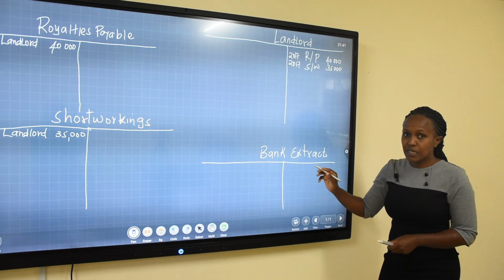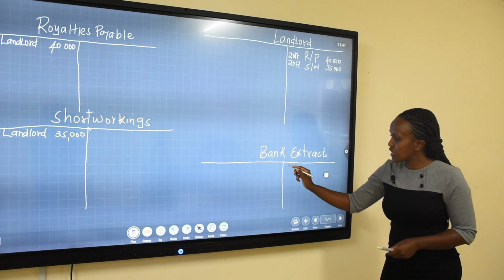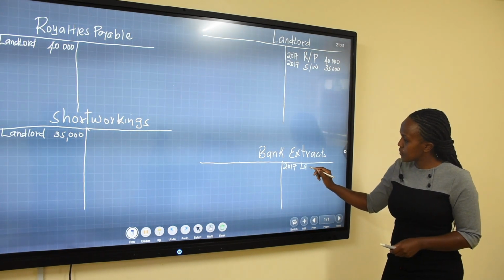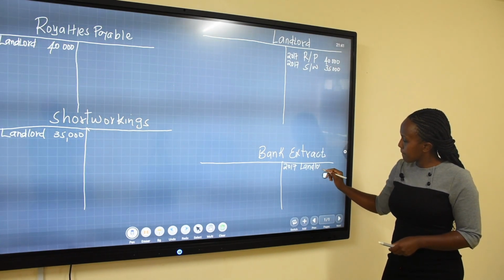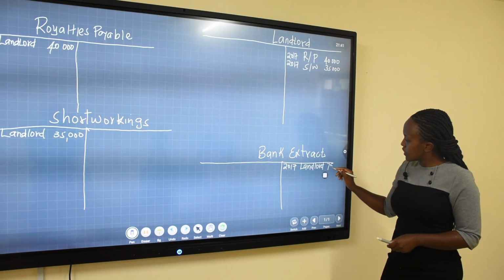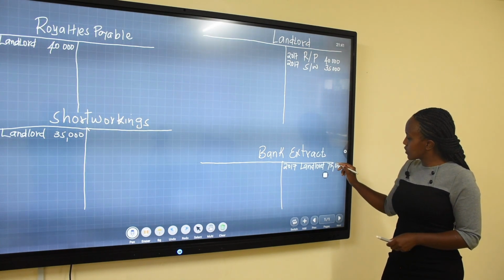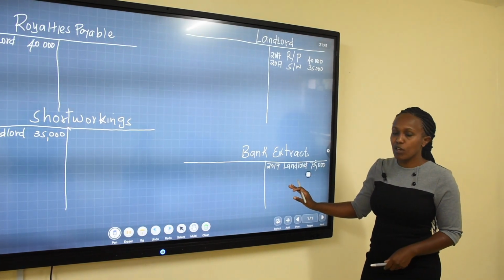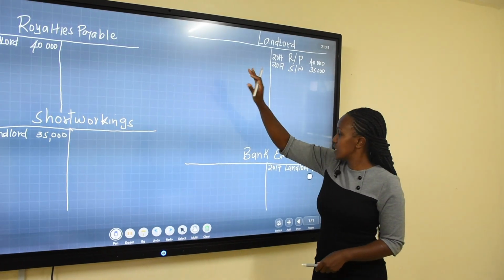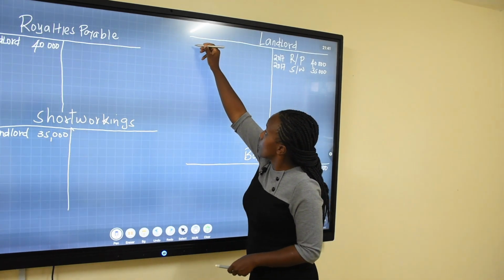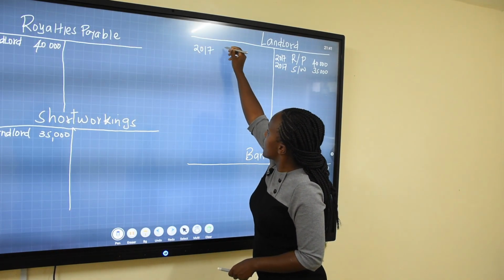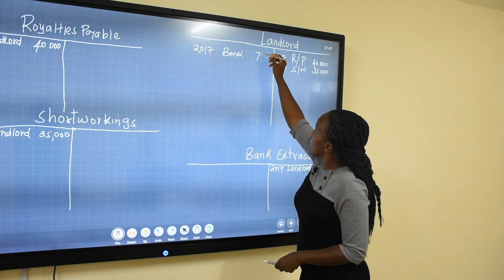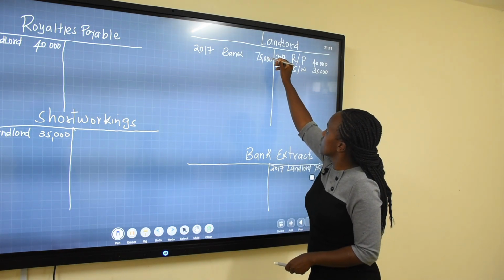So when the tenant pays the money, he's going to credit his bank account. So in 2017, he's going to pay the landlord 75,000 from his bank account. He's going to pay 75,000, and definitely this means that we have to finish the double entry by now debiting in this account, where we are going to say in 2017 through the bank the landlord has received or will be paid 75,000.